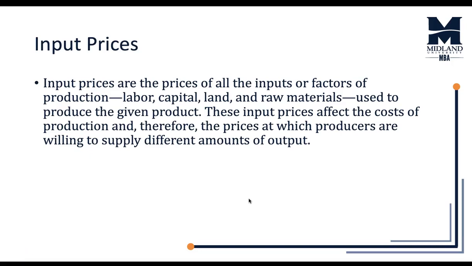So for example, with the pizza company, if the price of the dough that you buy for pizza, or the price of the tomato that you use, significantly goes up, there is a good possibility that you might have to reduce the number of pizzas that you are supplying into the market, especially if you don't think you can pass that input price increase on to the customer, right? You might have to reduce the number of tomatoes you purchase, which in turn might reduce the number of pizzas you supply.